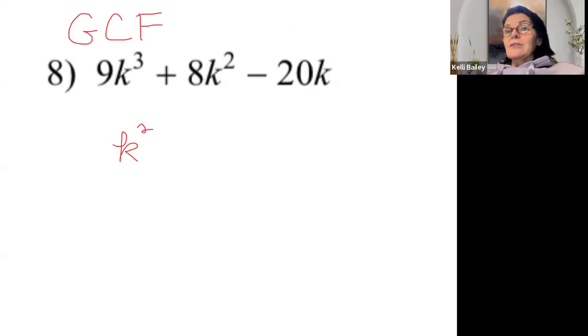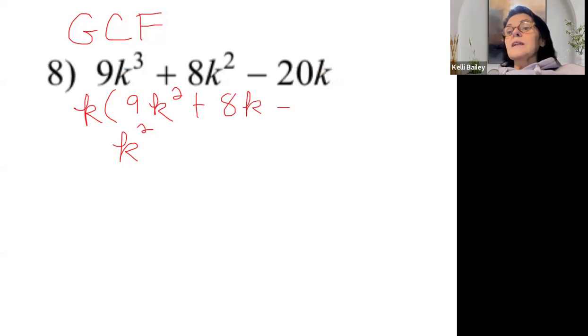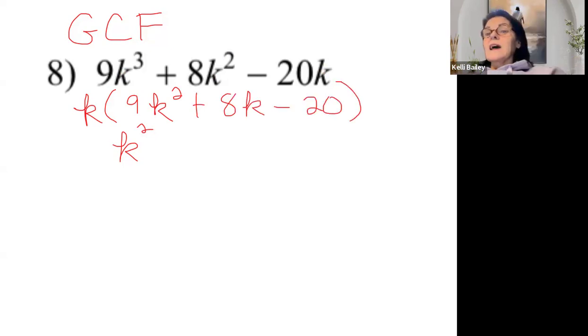That's k to the third. So I look, and I've got k to the third, k squared, and k. So that means I do have a GCF. That means I've got a k. So I'm going to pull the k out here, and it's k times 9k squared plus 8k minus 20. That was close.